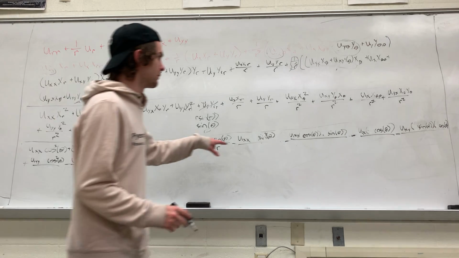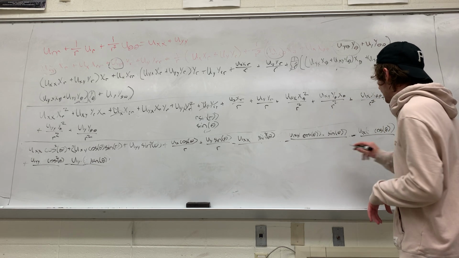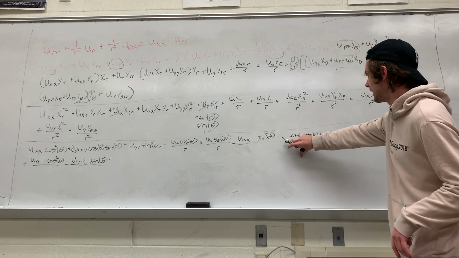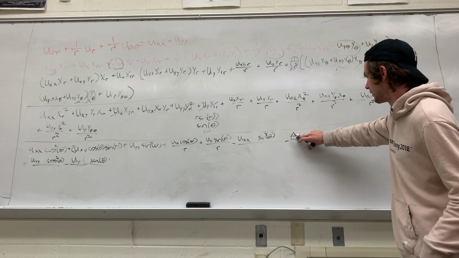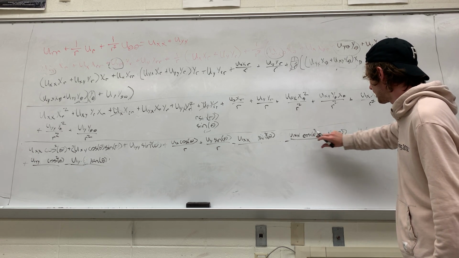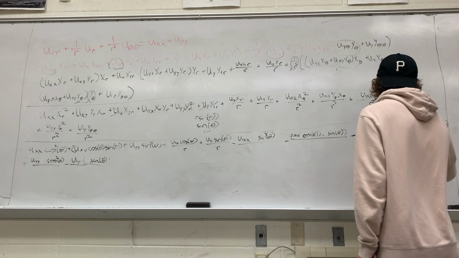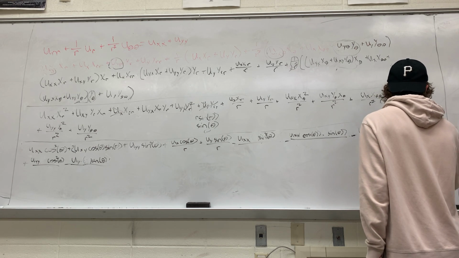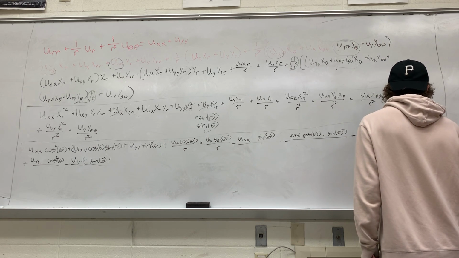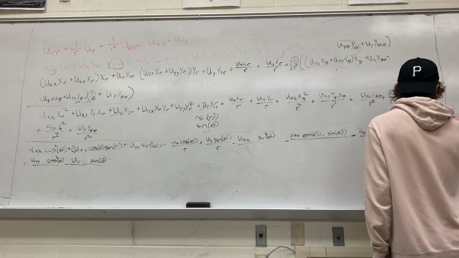And then if I come over here, I have negative derivative with respect to x and y times cosine theta, sine theta. And then I have another one right here as well. So these, apologize, my marker is dying on me again.